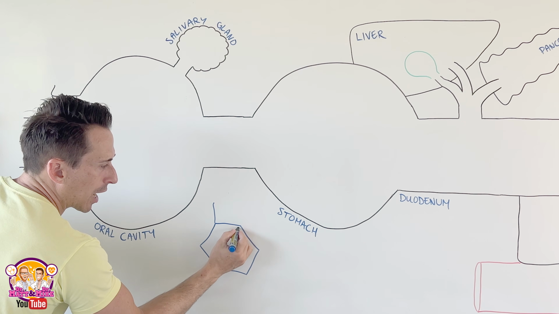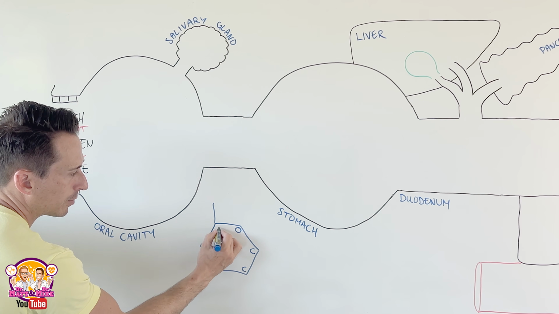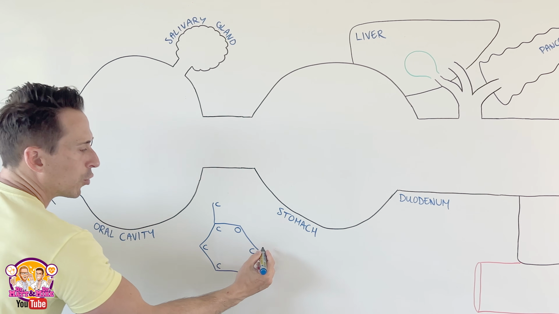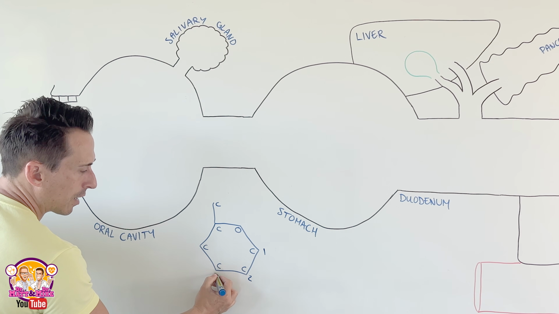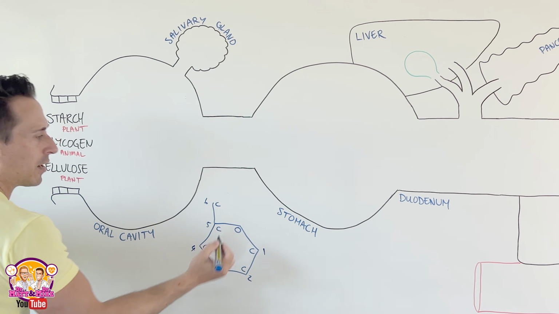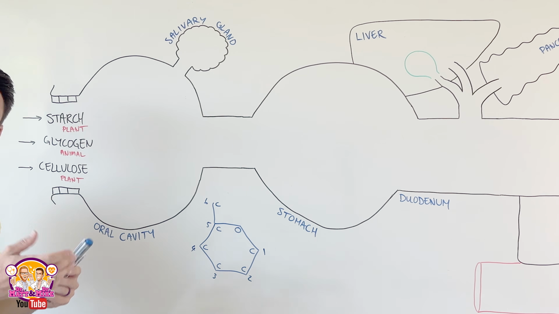And what we have is an oxygen there, a carbon, a carbon, a carbon, a carbon, a carbon, and a carbon. And if we were to count them, we have our first carbon, our second carbon, our third carbon, our fourth carbon, our fifth carbon, and our sixth carbon. So that is the typical 6-carbon ring of a glucose, galactose, fructose molecule.